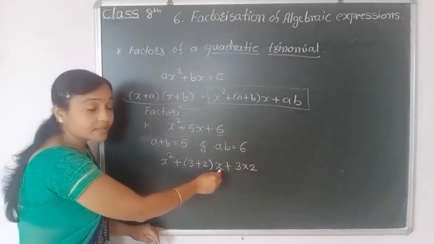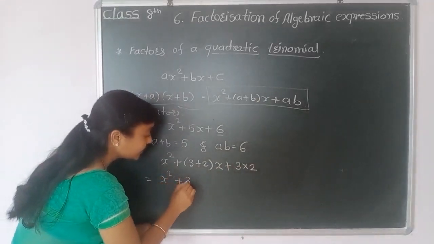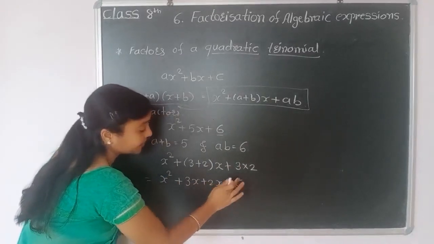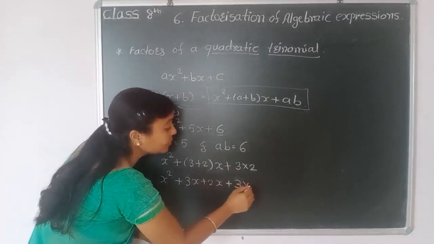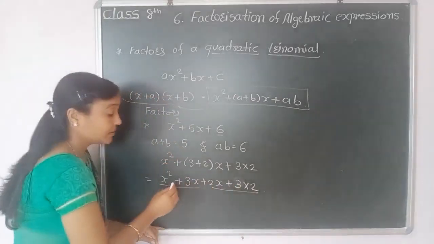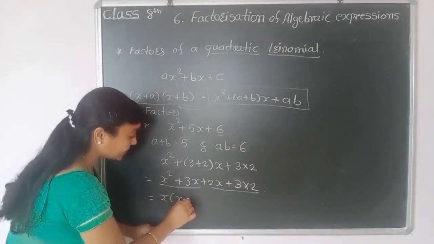Now x multiplying this bracket, x square plus 3x plus 2x plus 6. Otherwise you can write 3 into 2. Then make pairs of these two terms. What is common? In the first pair x is common, x plus 3.